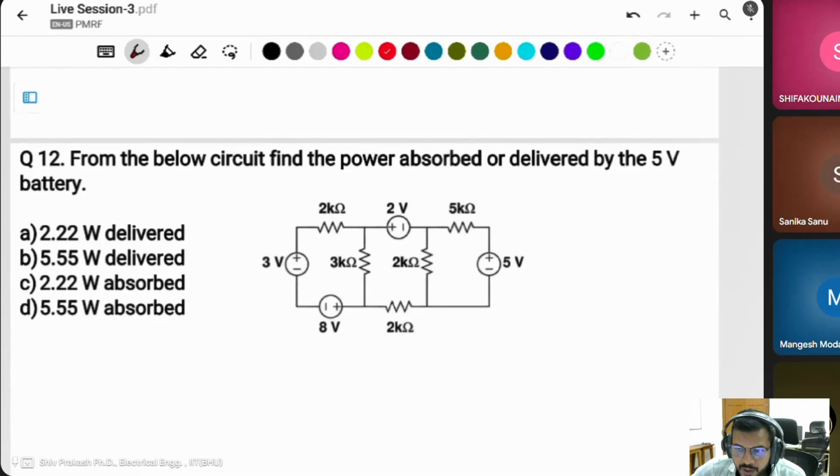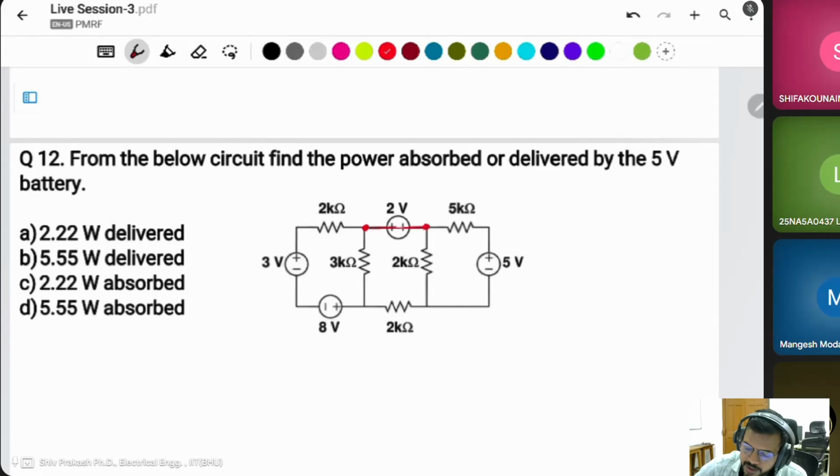How can you solve this one? If there is a voltage source or current source, a voltage source is between two terminals and there is no resistance here.